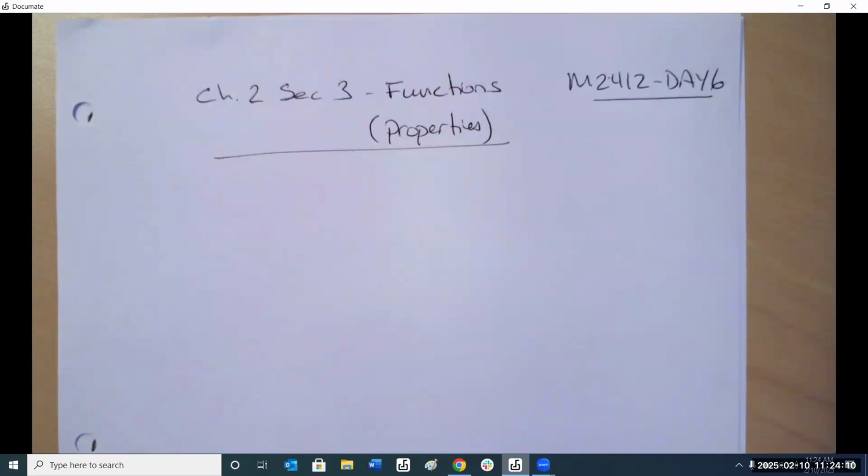What is a function? What defines a function? How do we know if something is a function?